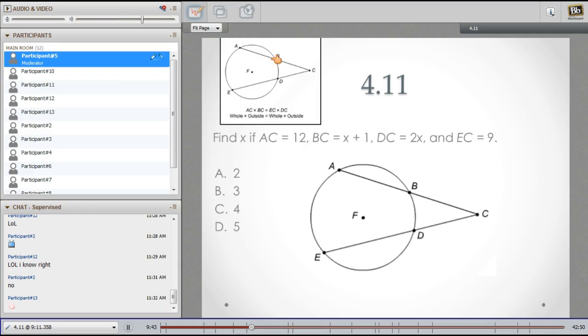So AC is the whole segment. BC is the part that's just outside the circle, from point B to point C. And then over here, the whole segment times just the part that's outside, EC times DC. See if you can apply that to this problem, and then I'll change the polling results so you can put in your answer here.